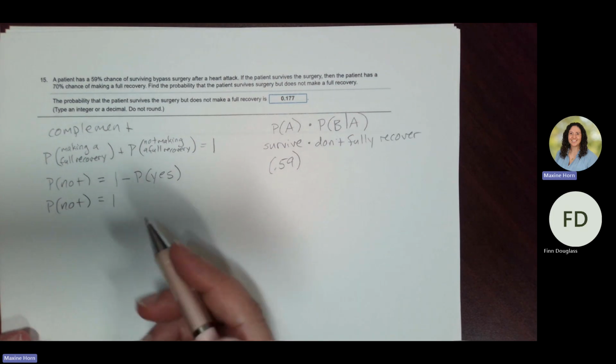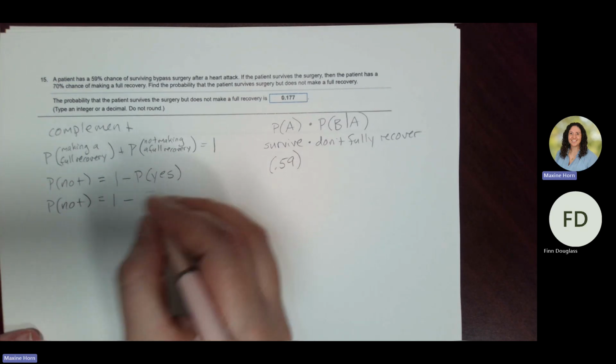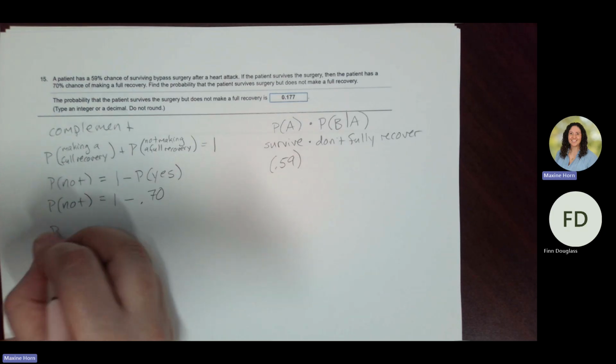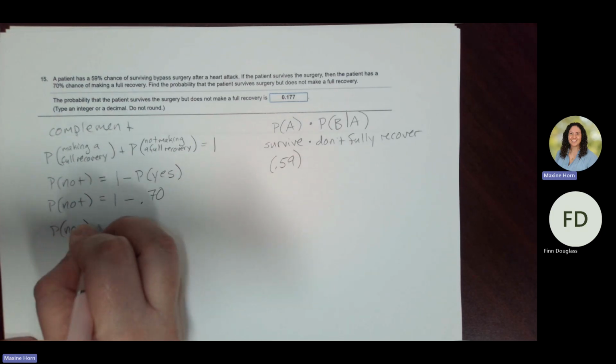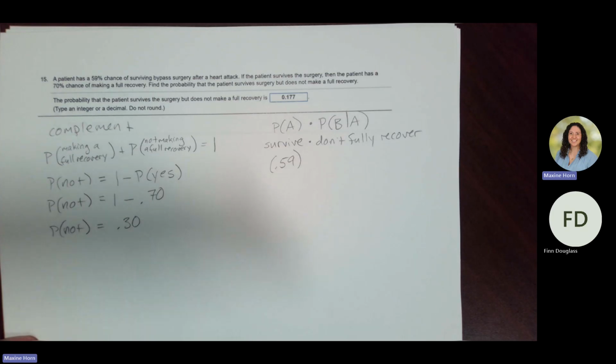The probability of making the full recovery, given that they survive the surgery, is 70%. So the probability of not making a full recovery after surviving the surgery is 30%, right? 1 minus 0.7 is 0.3.